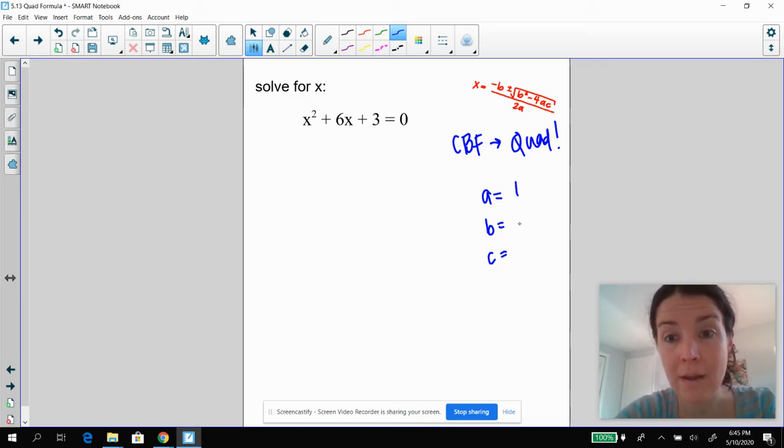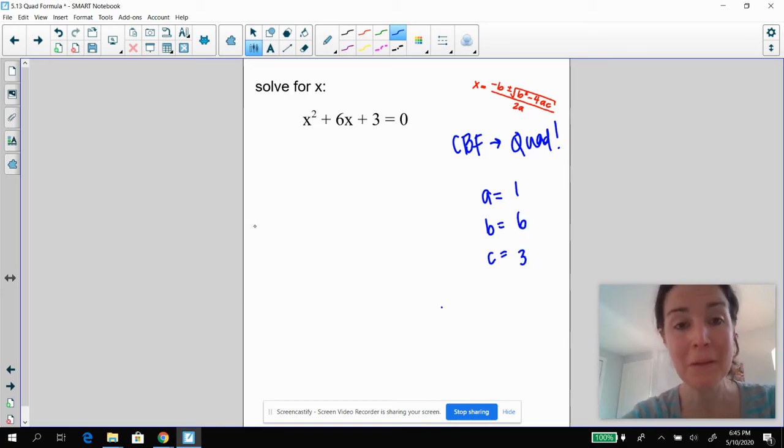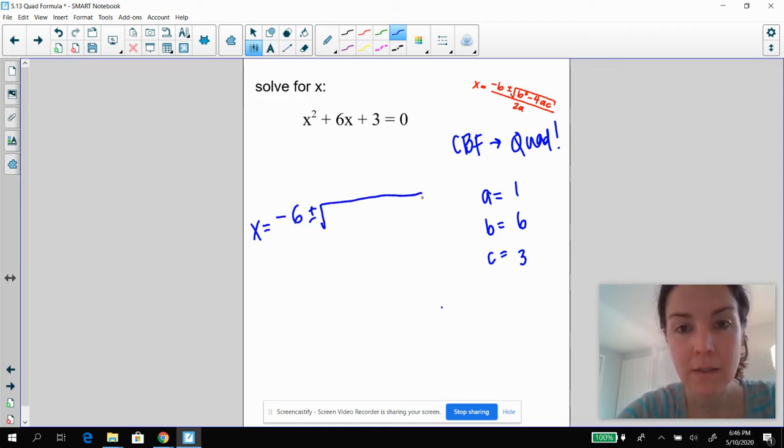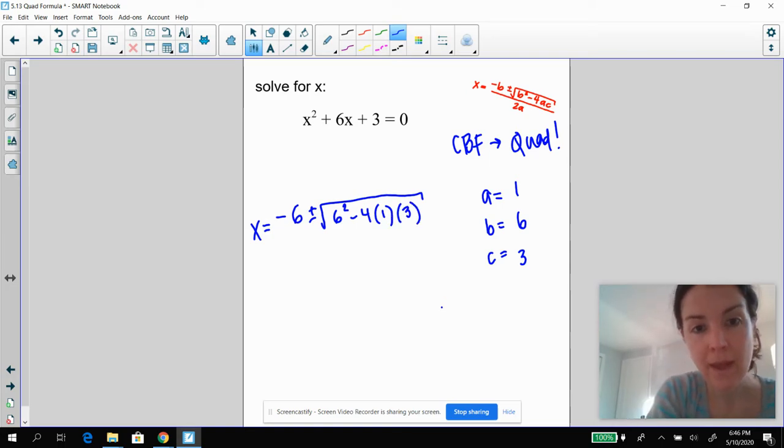So A is 1, B is 6, and C is 3. So x equals negative B, so -6, plus or minus the square root of 6 squared minus 4 times 1 times 3, and then all over 2 times 1.